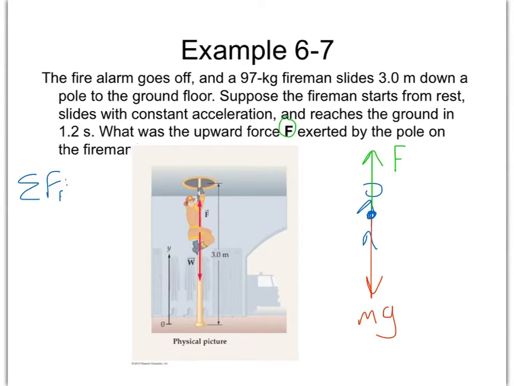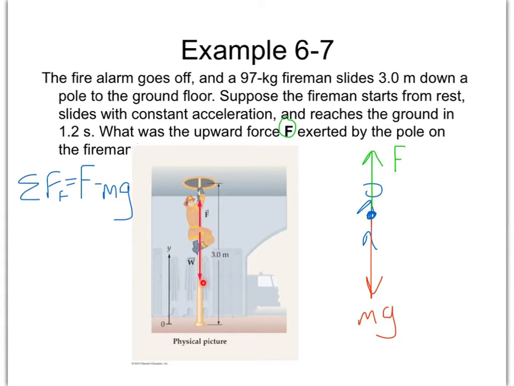You can describe it as the positive force, that is this right here, the upward force, minus the downward force, that is mg, the force caused by his weight. And that statement right there describes the net force on him. It's not just gravity pulling him down, but also there is a resisting force holding him up from the pole. So those two forces, this positive plus that negative, describe the net force on the fireman.